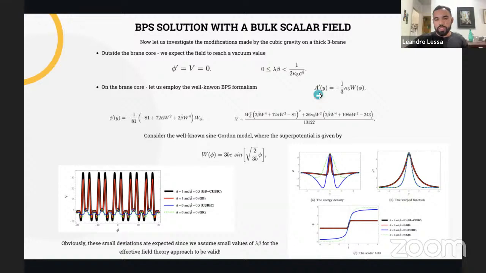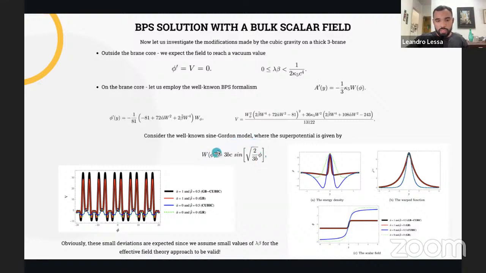We assume that the derivative of the warp factor is related to this function called the superpotential. If we replace that in the modified equation of motion, you obtain these two equations. Now what you do, as is common, is assume an ansatz for the superpotential. Here you choose the Sine-Gordon model.